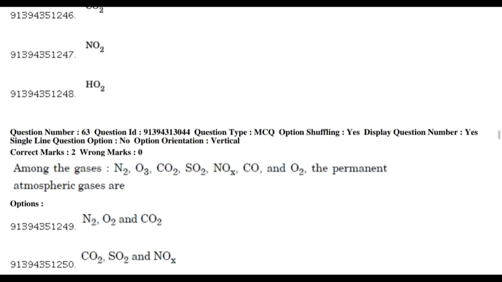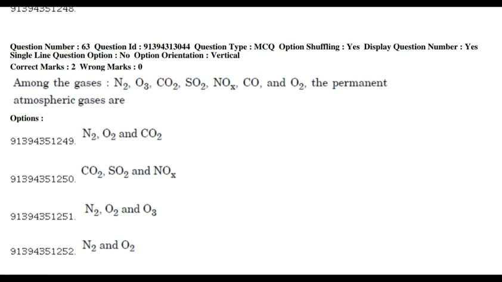Next, among the gases nitrogen, oxygen, sulfur dioxide, nitrous oxide, carbon dioxide, the permanent atmospheric gases are nitrogen and oxygen.